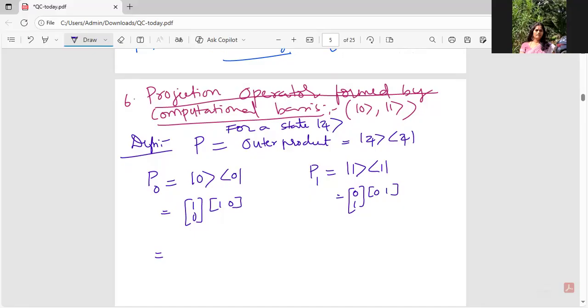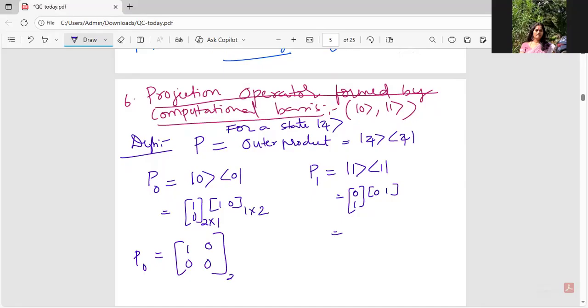Remember that. 1 into 1 is 1. 1 into 0 is 0. 0 into 1 is 0. 0 into 0 is 0. P naught is a matrix. Now coming to P1. Of course, just check whether they are compatible for multiplication, guys. 2 rows and 1 column here, and 1 row and 2 columns here, right?